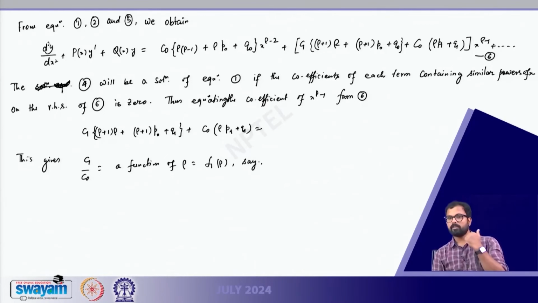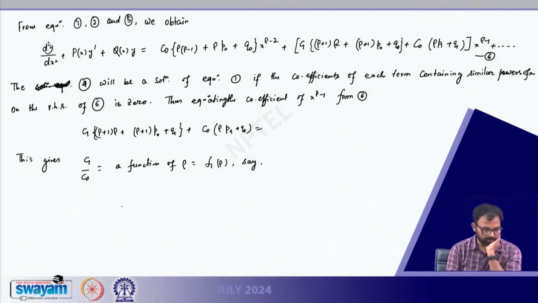Similarly, we will equate the coefficient of x to the power rho. If we equate the coefficient of x to the power rho to 0, we shall get C2 in terms of C1.